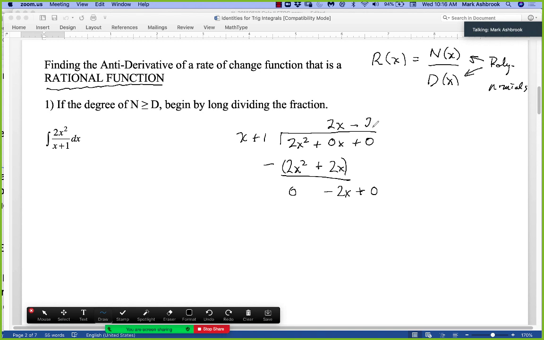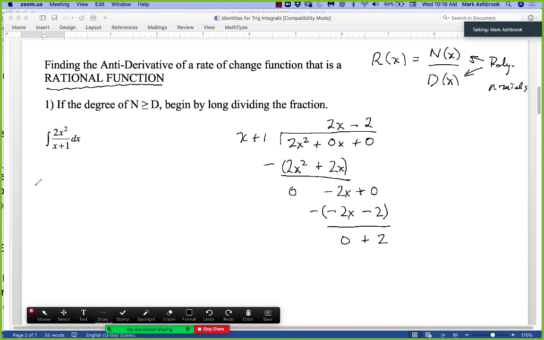Negative 2, that's my constant. It goes in the constant column. Negative 2 times x is negative 2x. Minus 2. I'm going to subtract. I get 0, and then I get, let's see, minus a minus 2 is plus 2. Okay, so I got my quotient and my remainder, right?